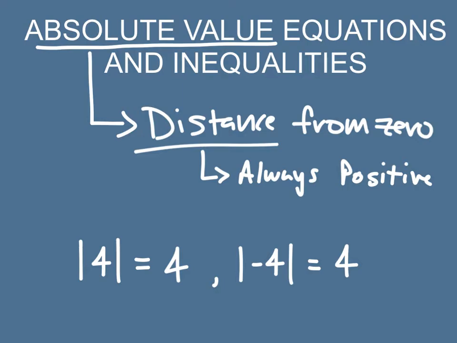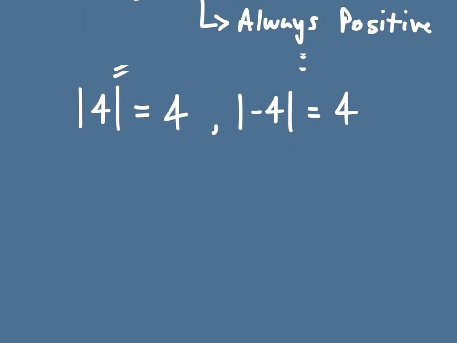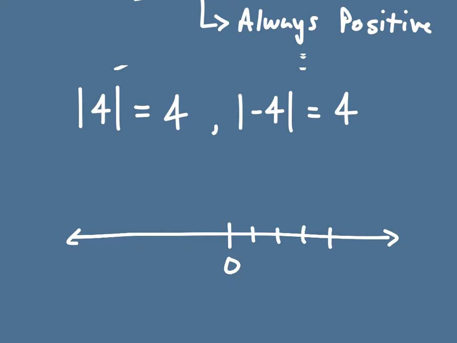So usually what we remember is that whatever we take the absolute value of, we just take whatever's inside and make that positive, all right? So the absolute value of a positive number is positive, and the absolute value of a negative number is just going to turn it into positive. Now, what we often struggle with is why is that the case? If we understand the definition of distance from 0, so if I draw a number line and mark +4 on that number line, what's the absolute value of 4?